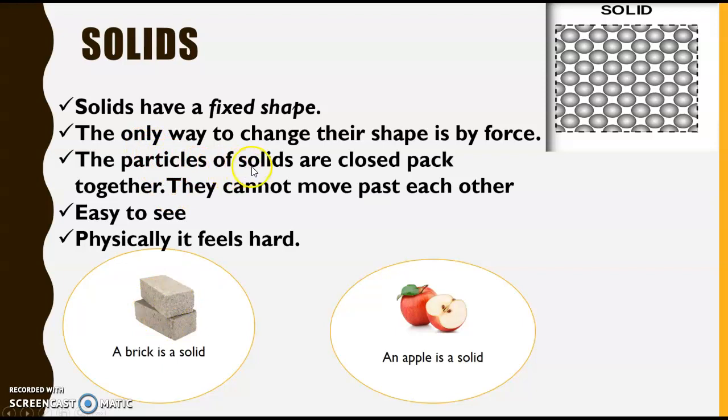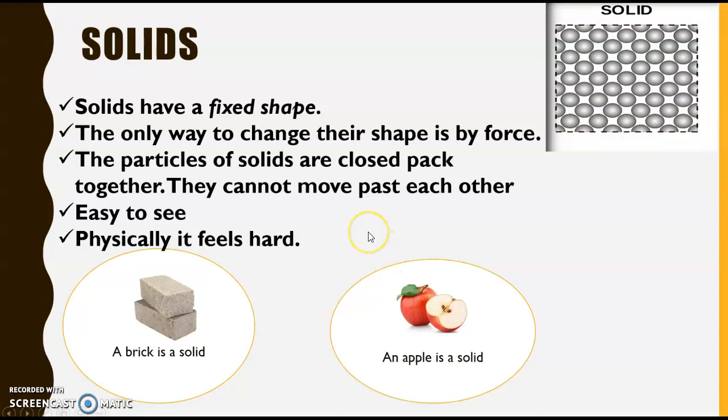The particles of solids are closely packed together. They cannot move past each other. Now remember, this brick is made up of particles. Now because they are nicely packed in a rectangular shape, they look like that picture over there, closely packed together.